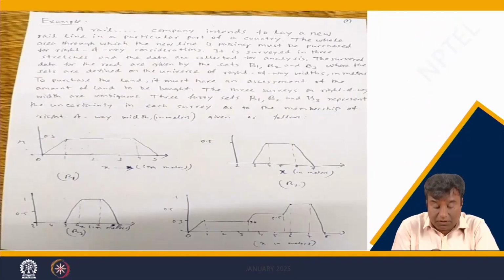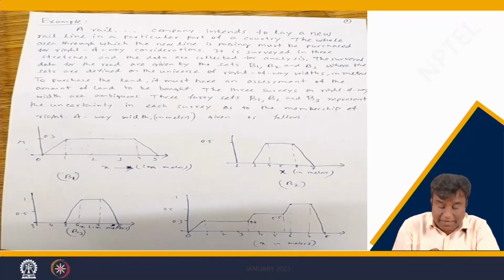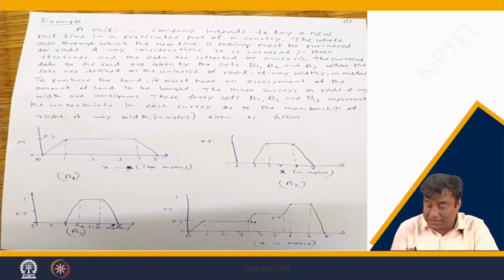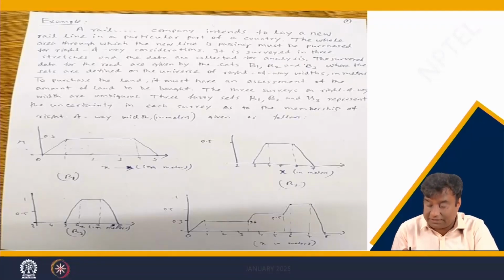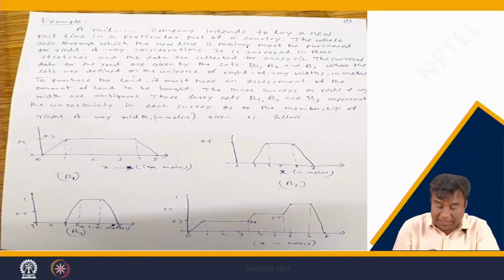Now, the next example is that a rail company intends to lay a new rail line in a particular part of the country. The whole area through which the new line is passing must be purchased for right of way consideration. It is surveyed in 3 stages and the data are collected for analysis. The surveyed data for the road are given by the sets B1, B2 and B3, defined on the universe of right of way width in meters.